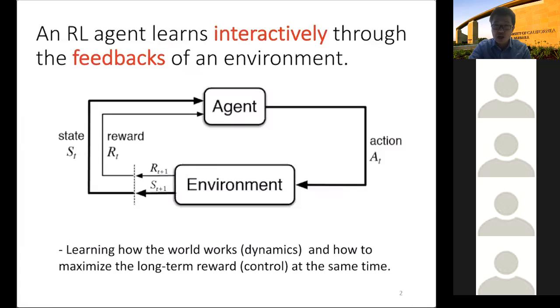Okay, so we'll have a lot of fun with this, but for now, let's take RL as a general framework of how an agent interacts with the environment to be successful.